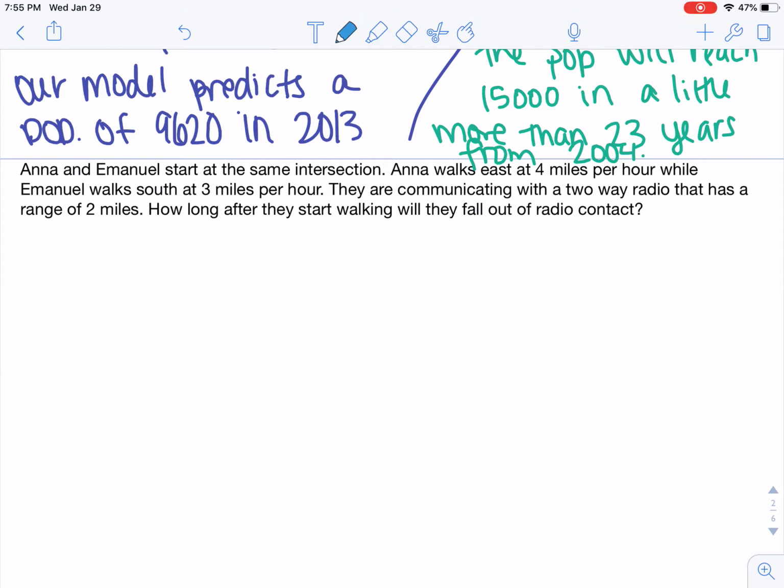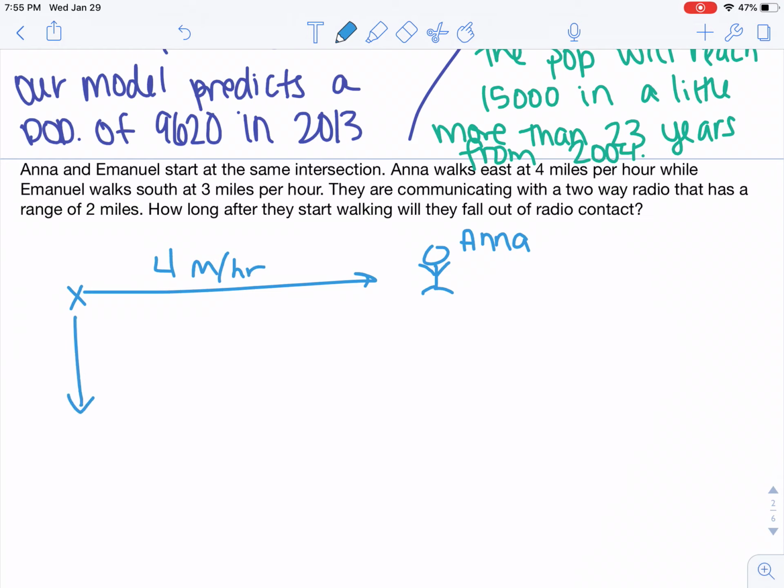Okay, so I'm going to draw a little picture here. Here's the intersection where they both start. Here's Anna. She's walking at 4 miles per hour. And here's Emmanuel. And he's going 3 miles per hour.